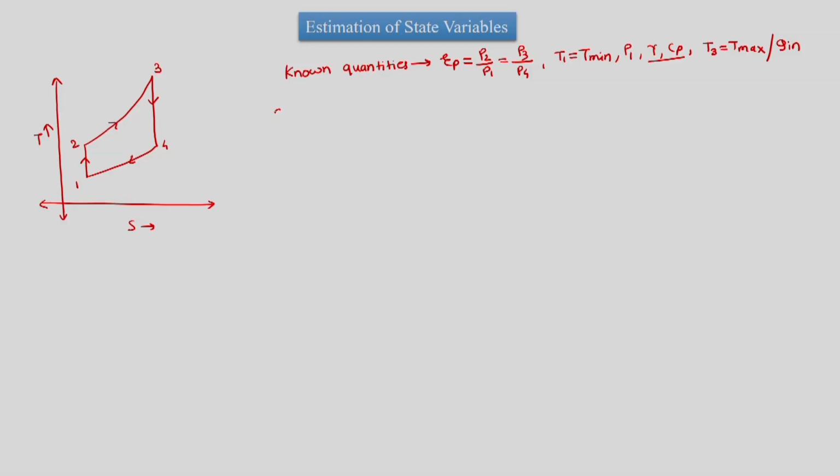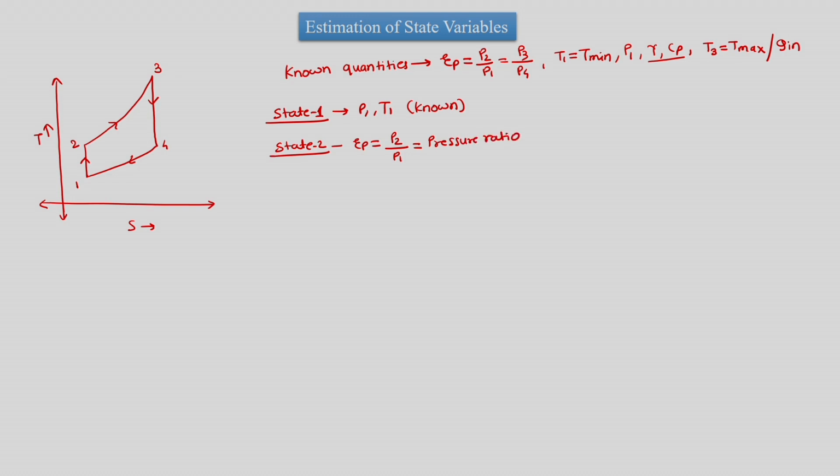So state 1. In state 1, we know P1 and T1, so we don't have to calculate anything in state 1 since they are known to us. Now let's move to state 2. In state 2, we just know Rp is equal to P2 by P1, which is said to be the pressure ratio.